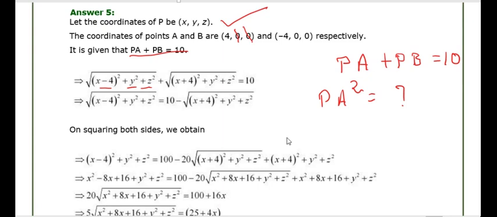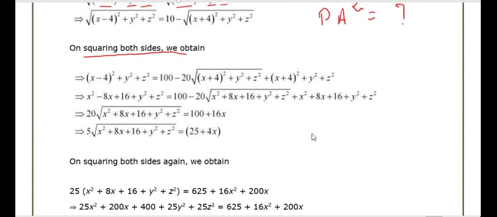And similarly for PB, under root of x plus 4 square, y square plus z square, equal to 10. Now, shift any one to the opposite side. So 10 minus under root of x plus 4 whole square plus y square plus z square. Now, if you want to remove this under root, then you should square on both sides.